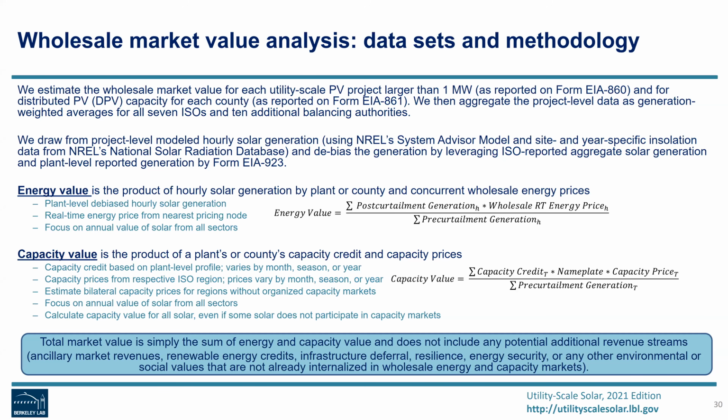For example, the value of providing ancillary services, renewable energy credit value, savings from avoided transmission demand charges, or other externalities that are not included currently in wholesale prices, such as, for example, a carbon mitigation value. So our market value can be thought of as representing the revenue earned by a merchant solar plant from selling power into organized spot markets.